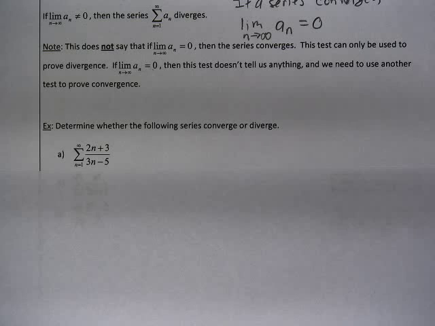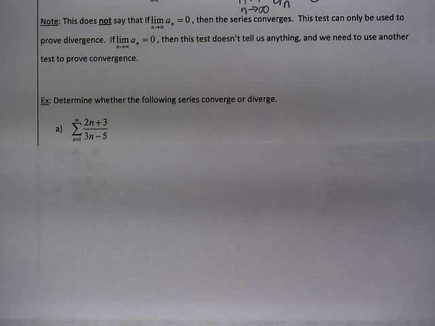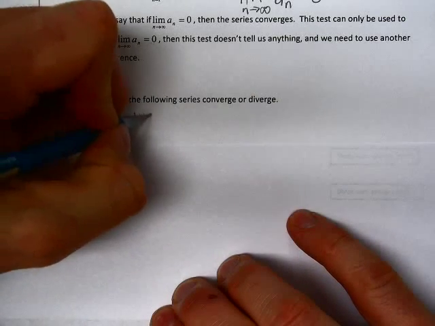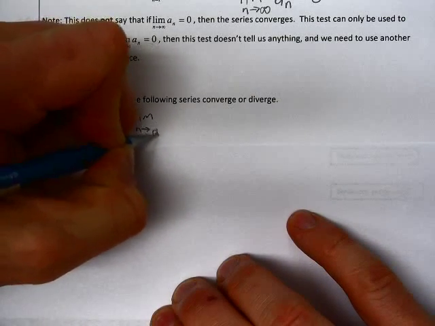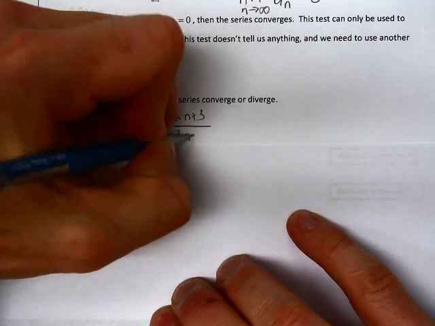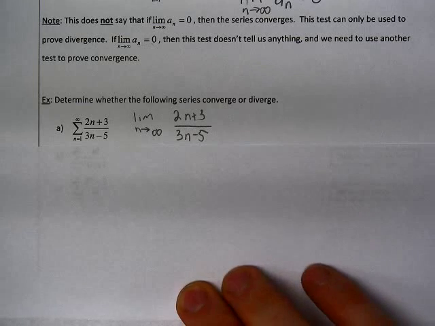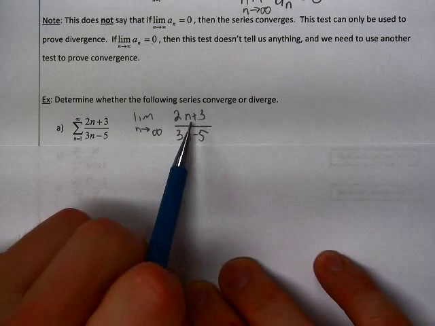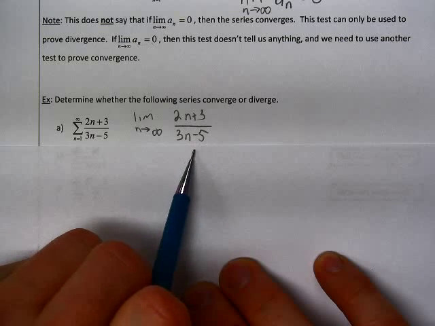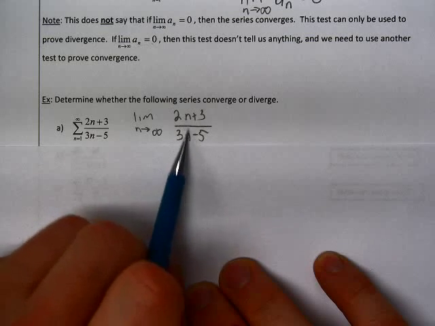All right, so here's a few examples of that. So we look at this series. We have 2n plus 3 over 3n minus 5. And we're going to take the limit of that. So we're going to take the limit of a sub n, 2n plus 3 over 3n minus 5. We can divide both numerator and denominator by n, we could use L'Hopital's rule.